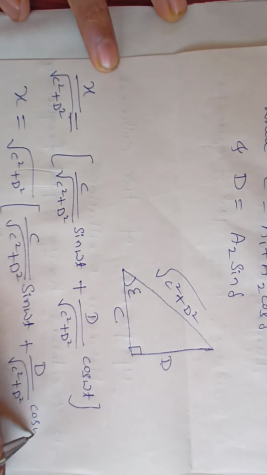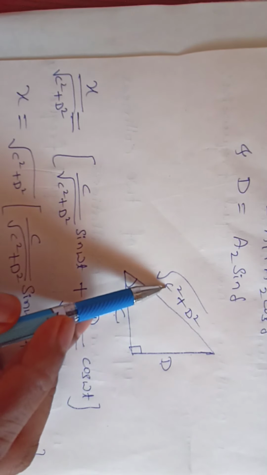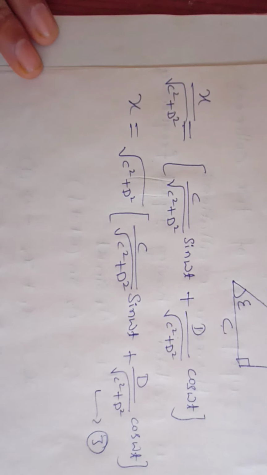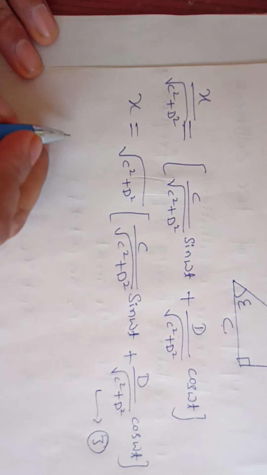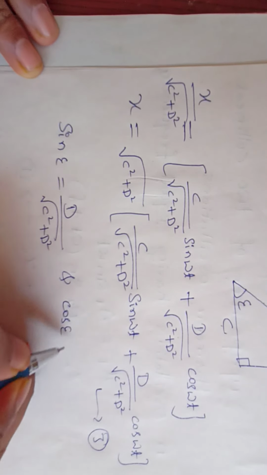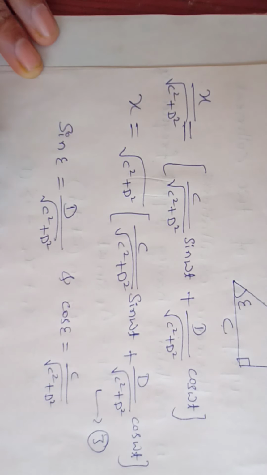Next, we can consider C by under root C square plus D square as cos epsilon and D by under root C square plus D square as sin epsilon. So sin epsilon equals D by under root C square plus D square and cos epsilon equals C by under root C square plus D square.